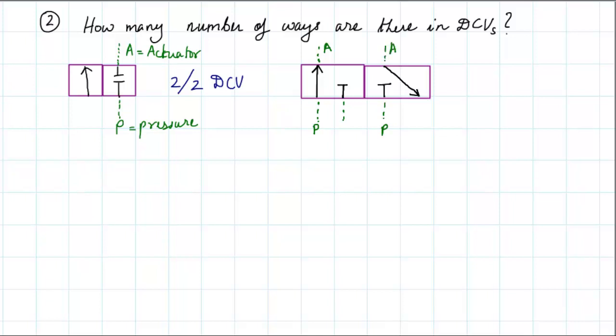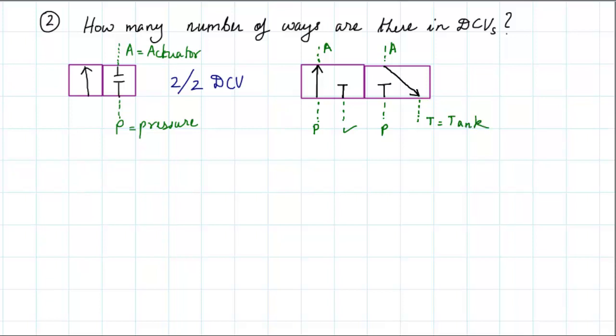Here I can see that this is where the fluid is returning. So the returning port is named the T port, which talks about the fluid returning to the tank. So T stands for tank.